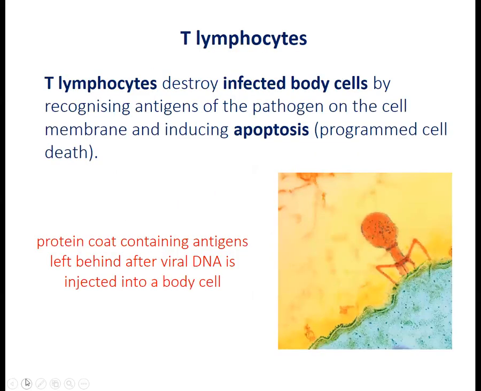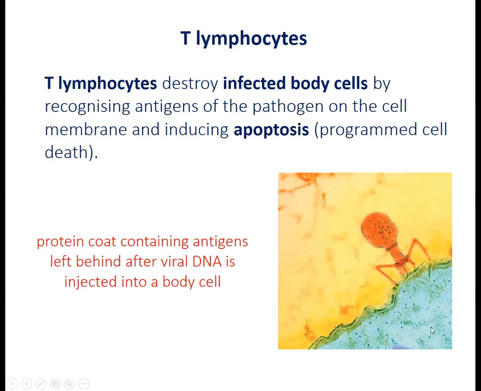So how do they work? Well, when a virus comes into your body, this is the protein coat of the virus, and the virus has actually just injected its DNA into your cell. So this is your cell here, the inside of the cell, the bluey bit, and the viral DNA will be within your cell.